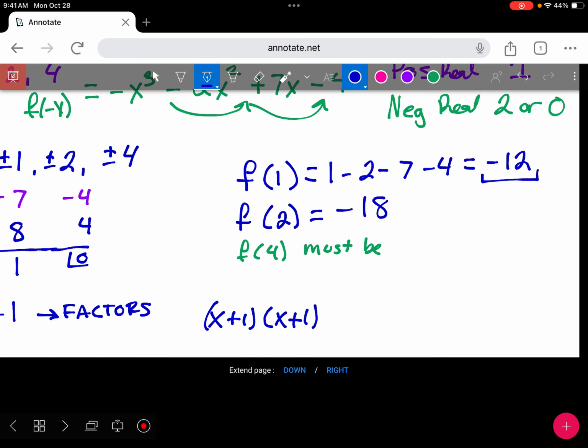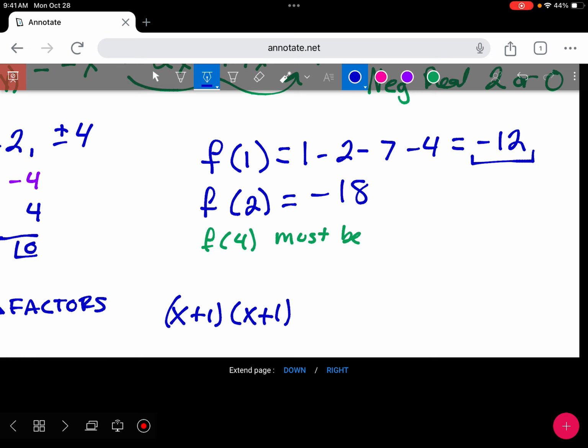So our real zeros, our real roots, what are our zeros? 4 and -1. What's special about -1? It has a multiplicity of 2.